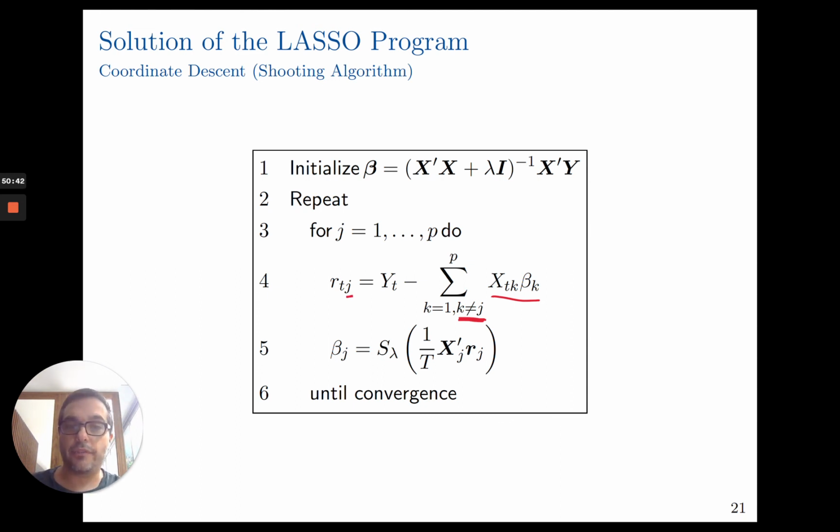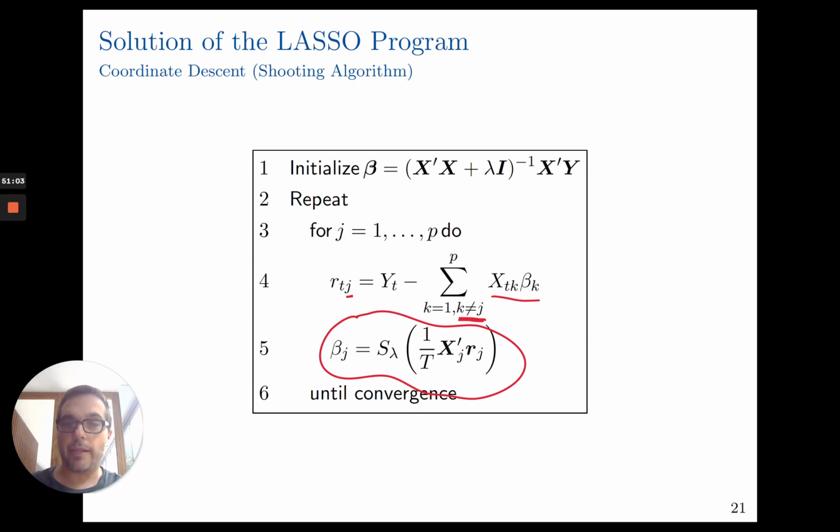And what's this coefficient here? It is given by the soft threshold function. So you work with the soft threshold function for this specific variable.